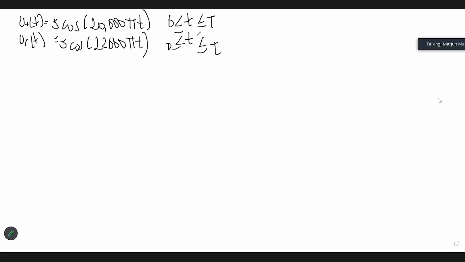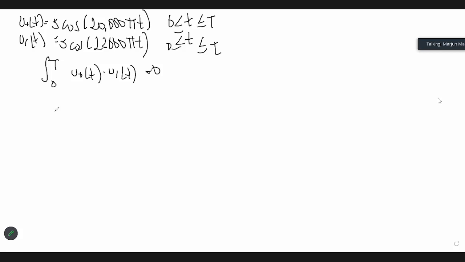So ang tanong, ano daw value ng T para maging equal to 0? Dahil sila uncorrelated, if two signals are uncorrelated, we have the formula integral of 0 to T of u sub 0 of t multiplied by u sub 1 of t is equal to 0. Remember, when two signals are uncorrelated, we need to use this formula.